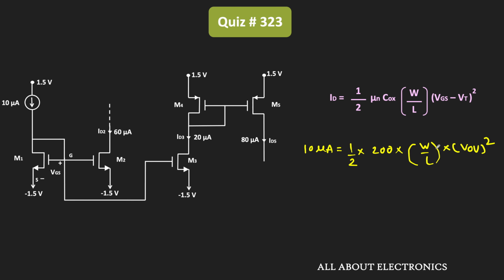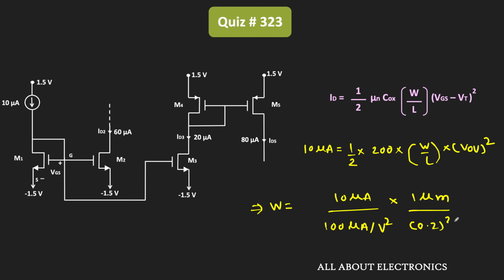So from this we can find the value of W. Here this W will be equal to 10 microampere divided by 100 microampere per volt square times 1 micrometer divided by V overdrive square, that is 0.2 whole square.